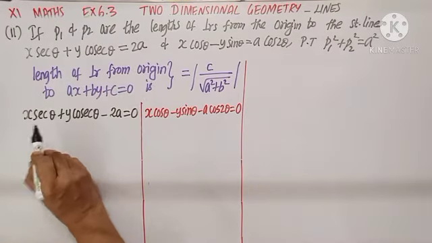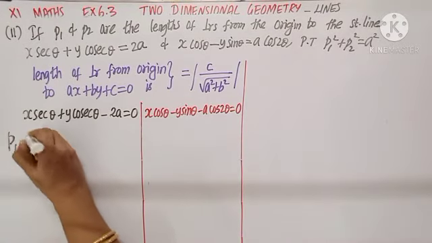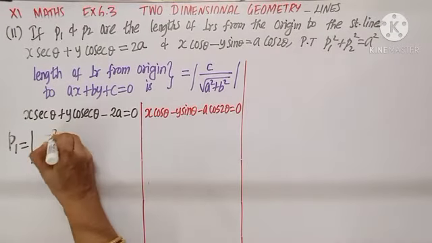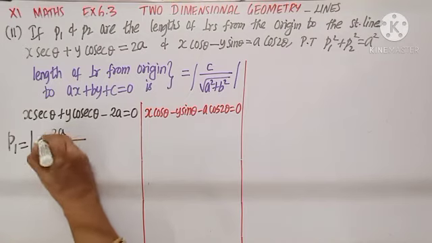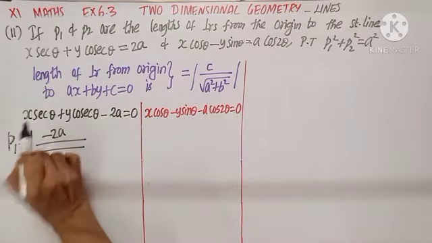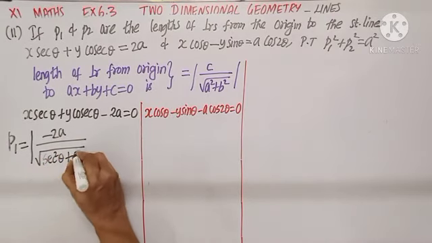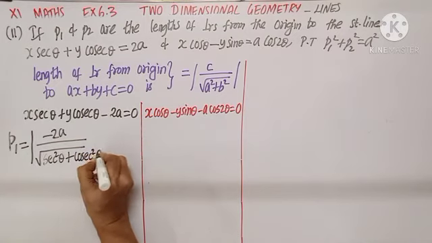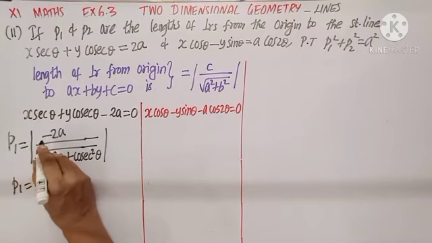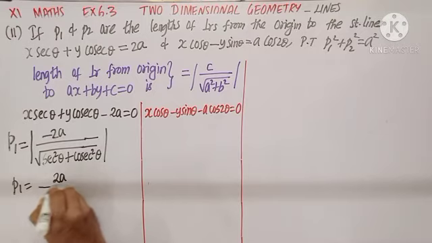My length is given as P1. P1 equals modulus of C value. C value is minus 2A divided by root of A square plus B square. A is secant square theta plus B is cosecant square theta. To simplify this, modulus comes, so minus I can ignore, write it as 2A.